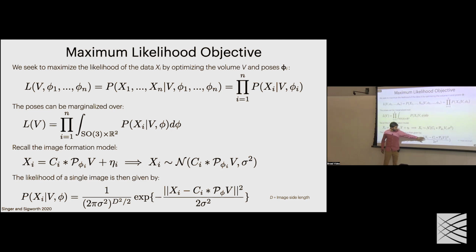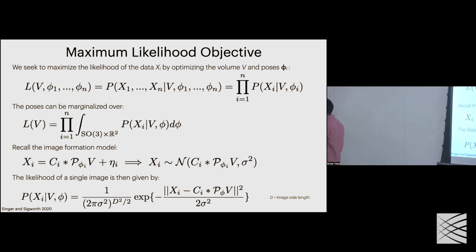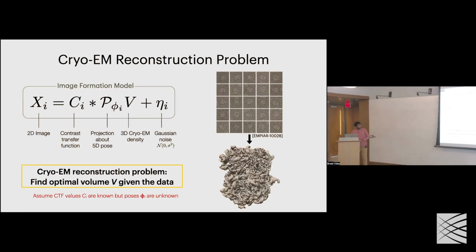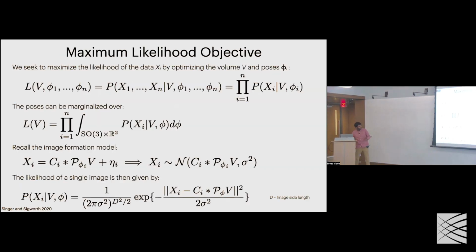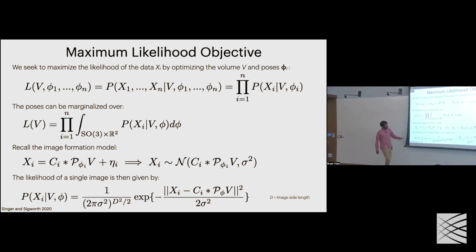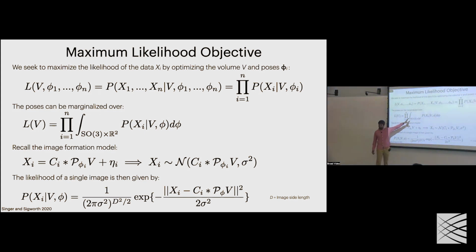It's the L2 norm between the point and the mean with this normalization constant out front. Okay, so we have this expression for the full likelihood. We have this expression for the likelihood of a single image. So all we have to do is take this and plug it into there.